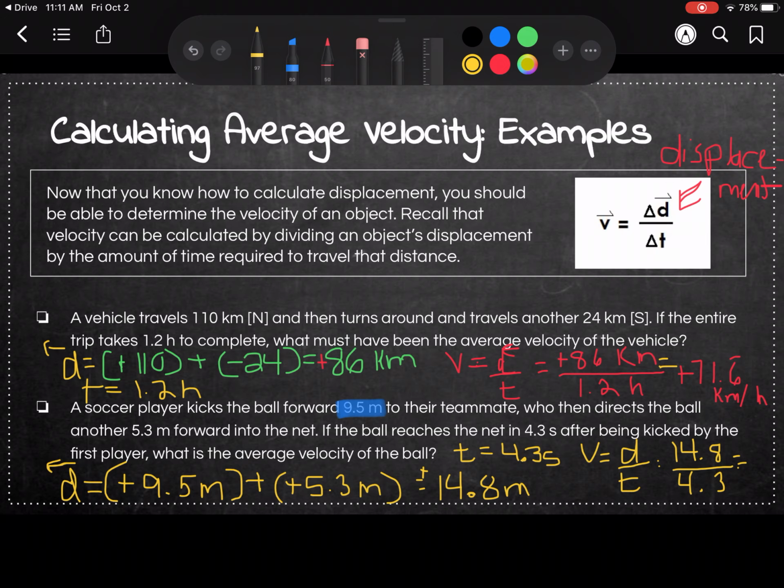Space is not my friend here. I'm going to erase this just temporarily. Just going to go v is equal to 14.8 divided by 4.3.